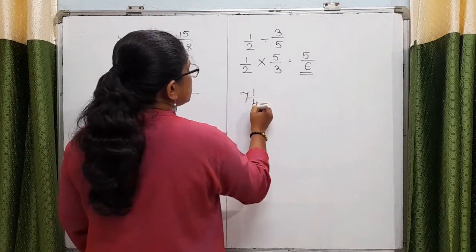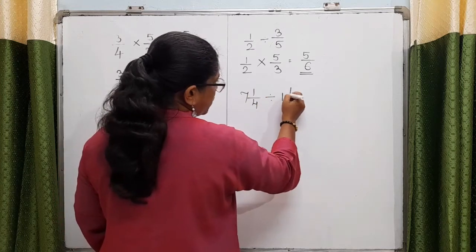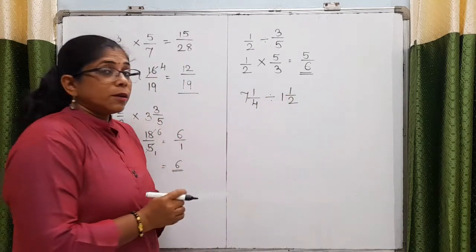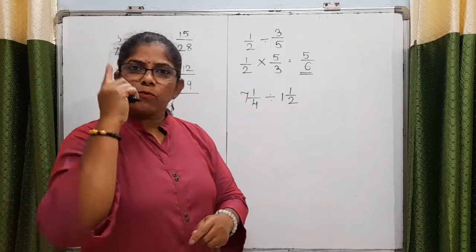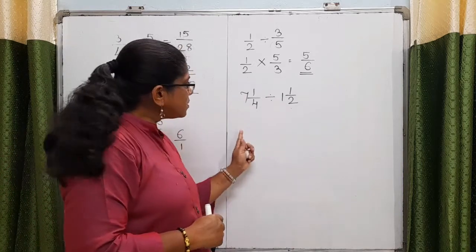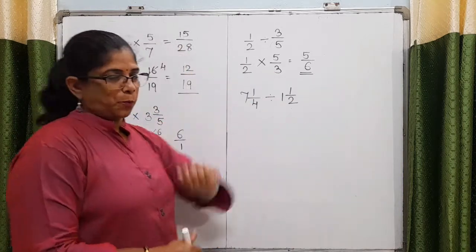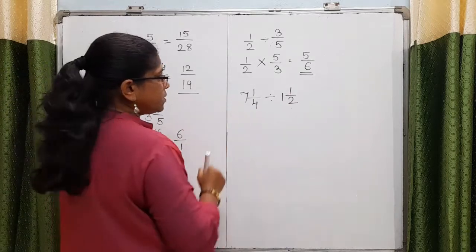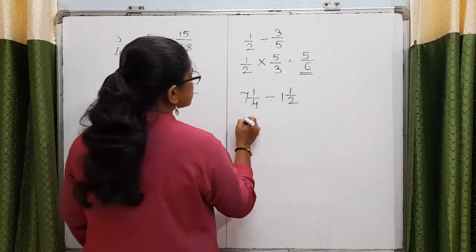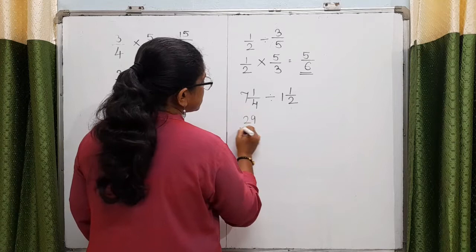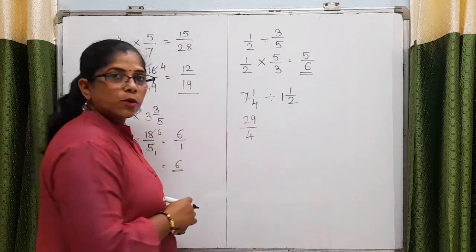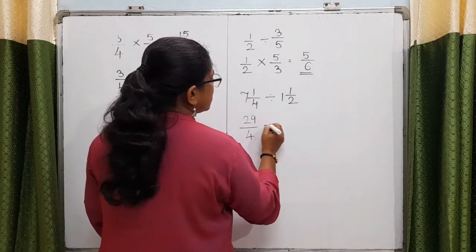7 1 upon 4 divided by 1 1 upon 2. Now here we have mixed fraction. First thing what we have to do? Convert this mixed fraction to improper. 4 into 7, 28. 28 plus 1, 29. 29 upon 4, divided by.